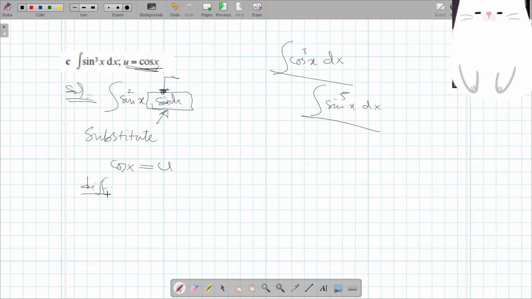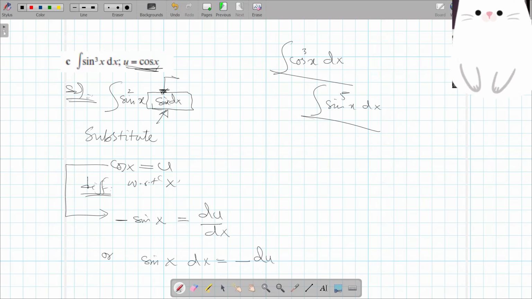When we differentiate both sides with respect to x, the derivative of cos x is negative sine x, and the derivative of u is du by dx. Or we can write it as sine x times dx equals negative du. Is it clear? So for sine x dx, we will put negative du here.